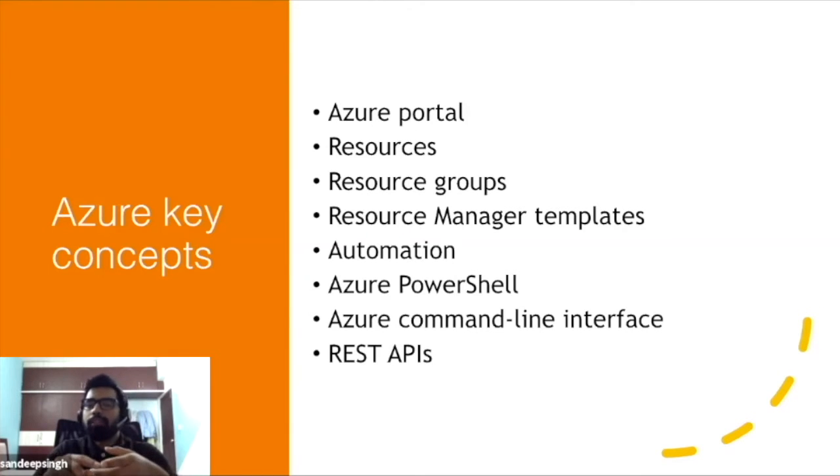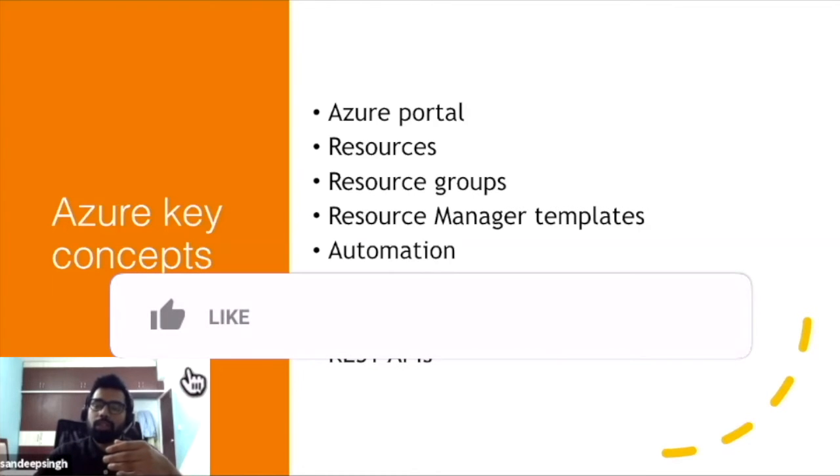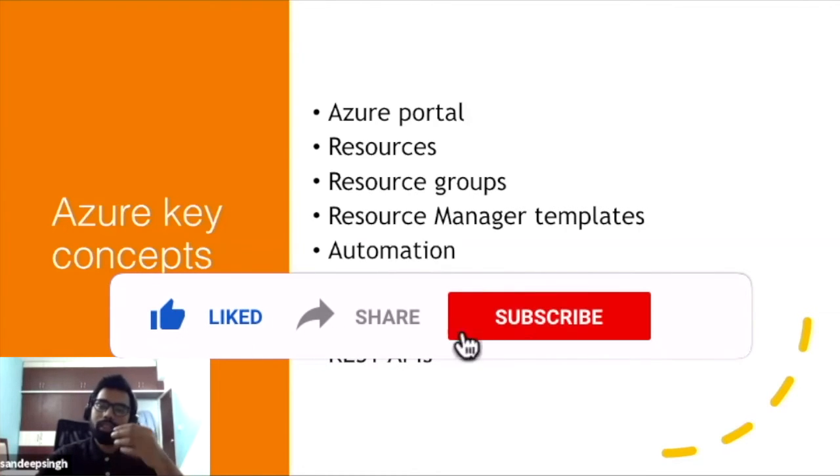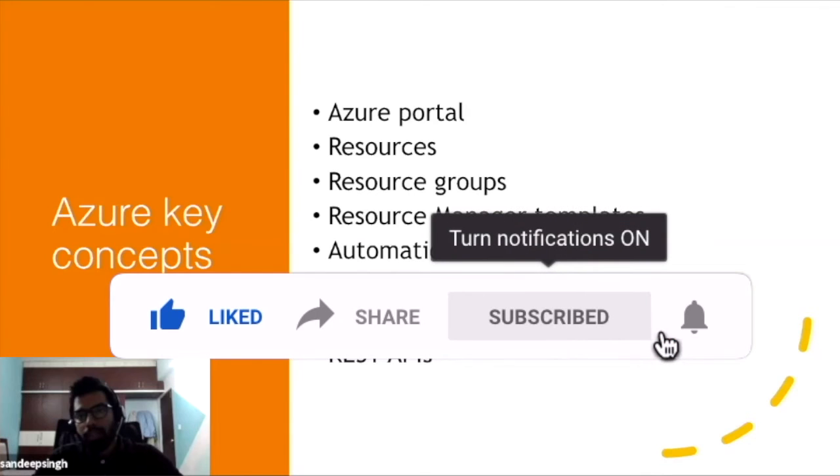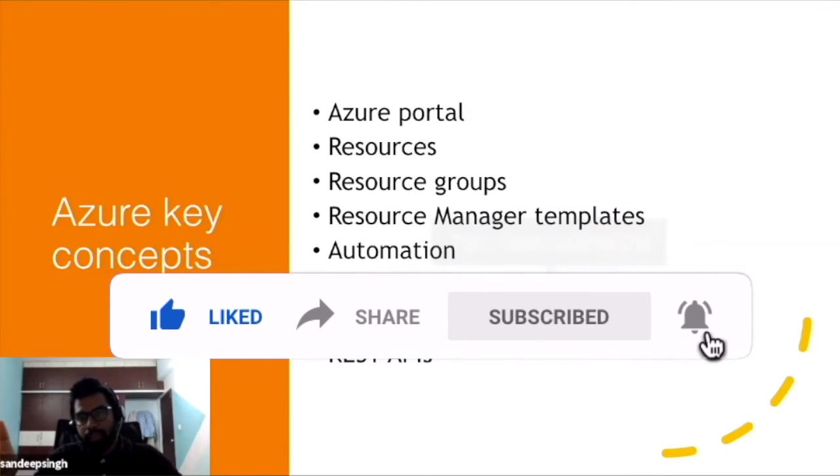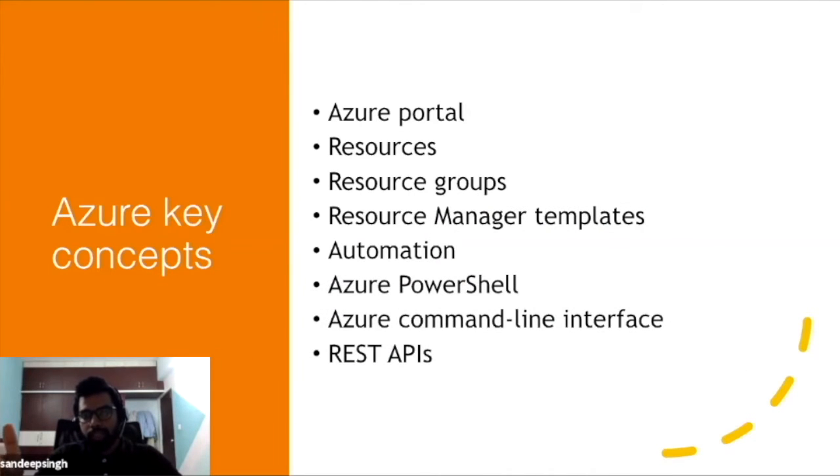So the BFS domain might have its own subscription, healthcare will have its own, and travel and hospitality will have its own. But the tenant will be one for a company.